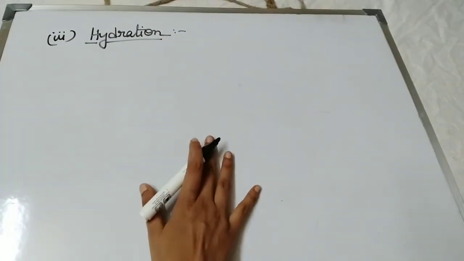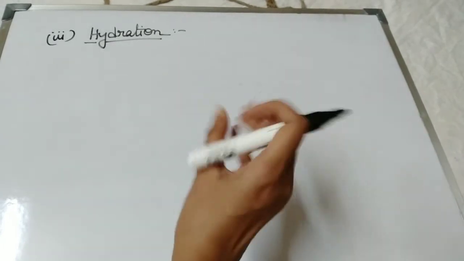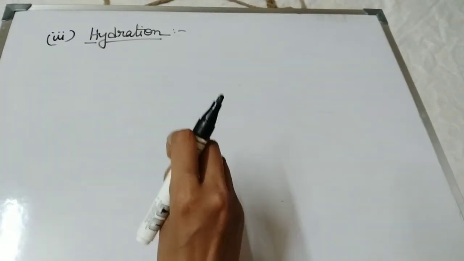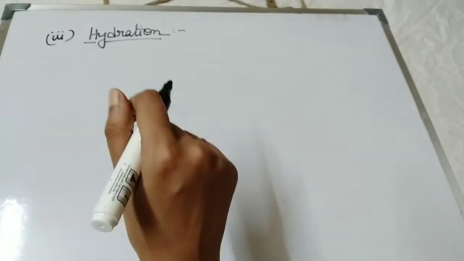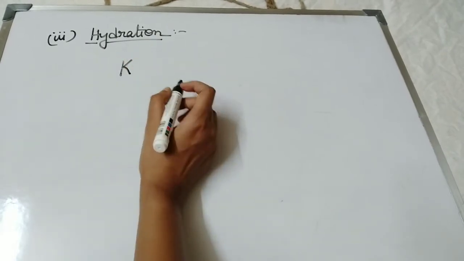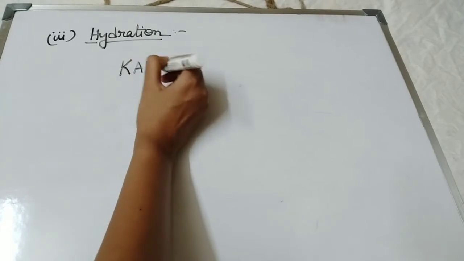Coming to the next one, hydration. Hydration is a process in which water combines with the mineral, mainly when the rainwater enters into the rocks, and it increases the volume of the rocks and reduces the minerals to powder. Example, feldspar. Suppose feldspar is reduced to kaolin due to the hydration. So this is the formula.